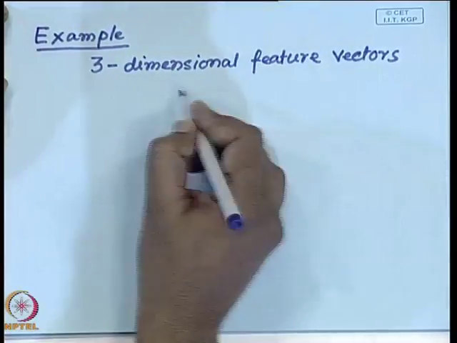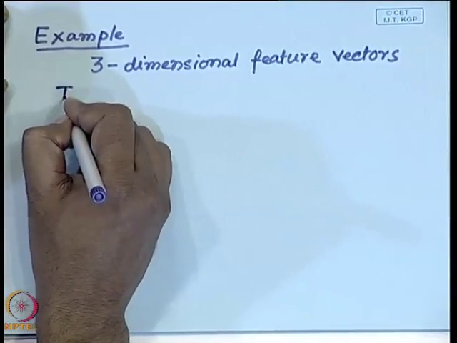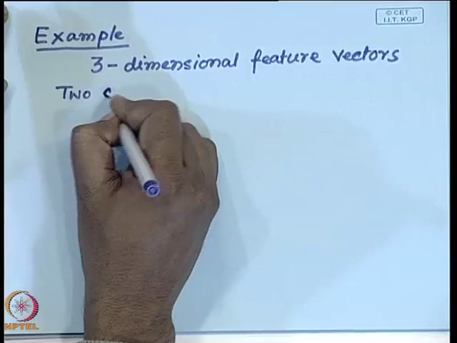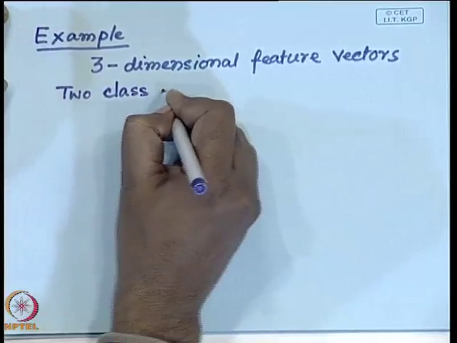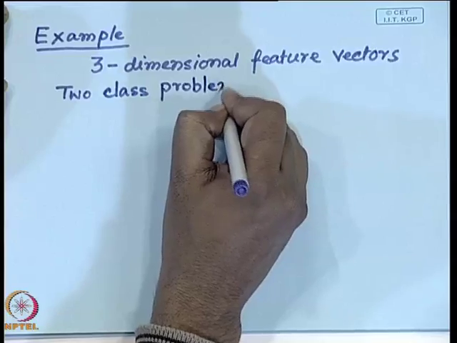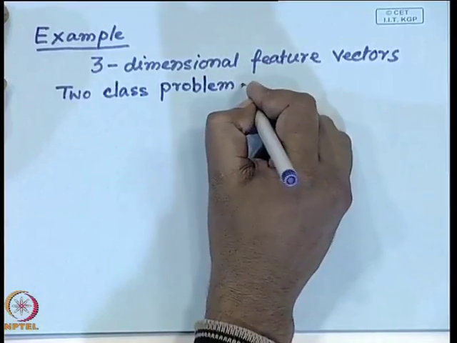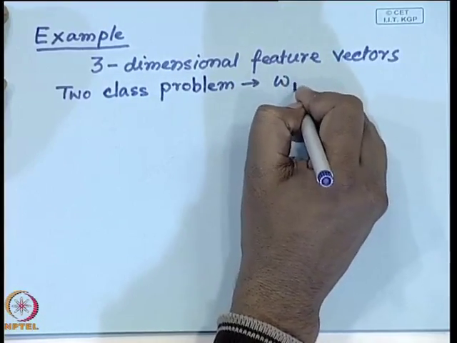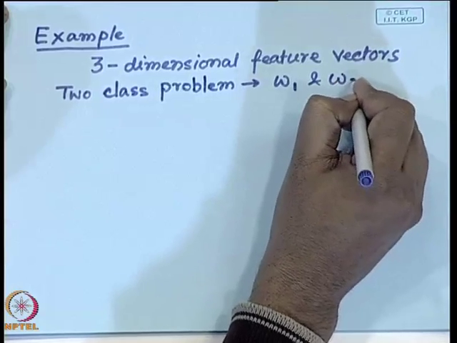And let us consider a 2-class problem. That is, I have classes omega 1 and omega 2.